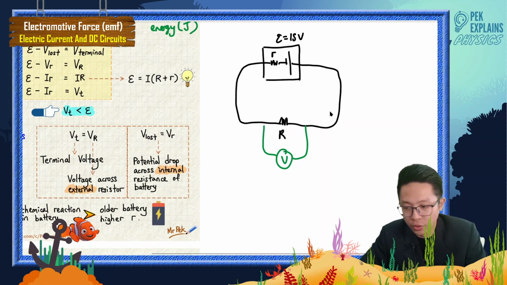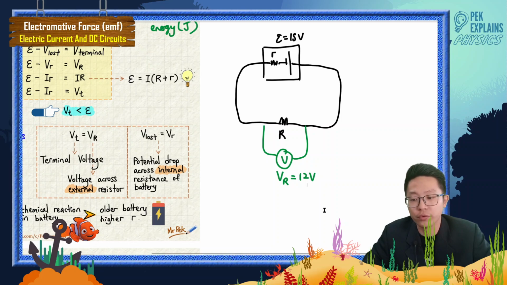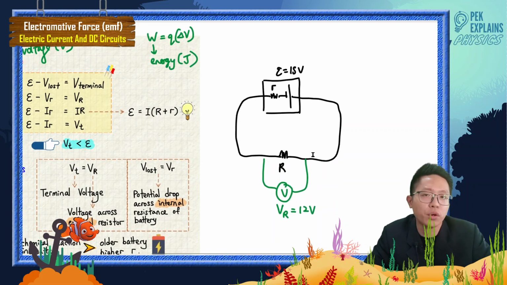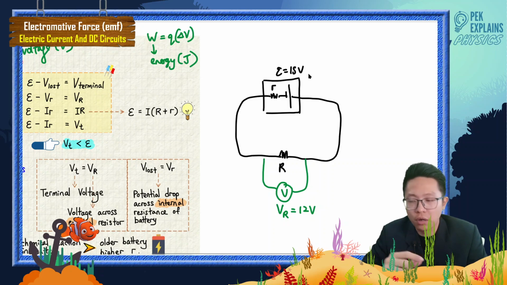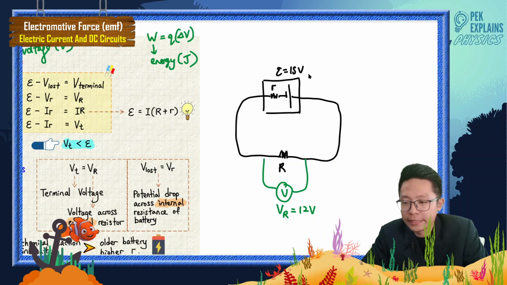The answer is no. The voltage across the resistor may be recorded at 12 volt. So where is the remaining 3 volt? Where has it gone?